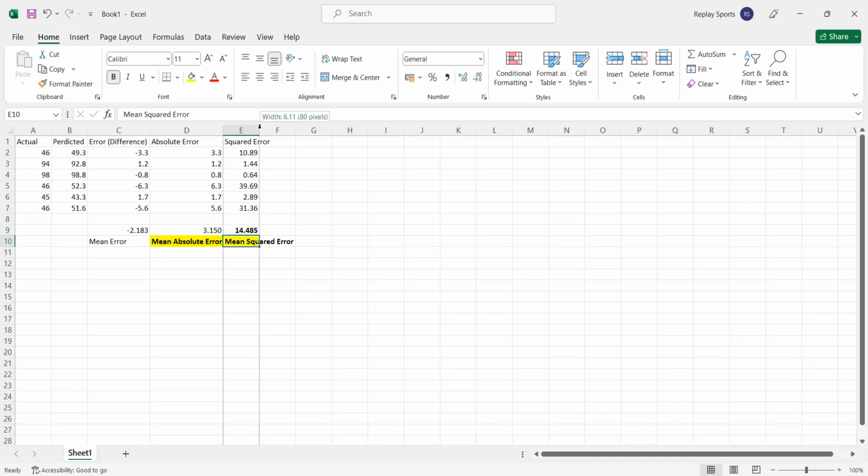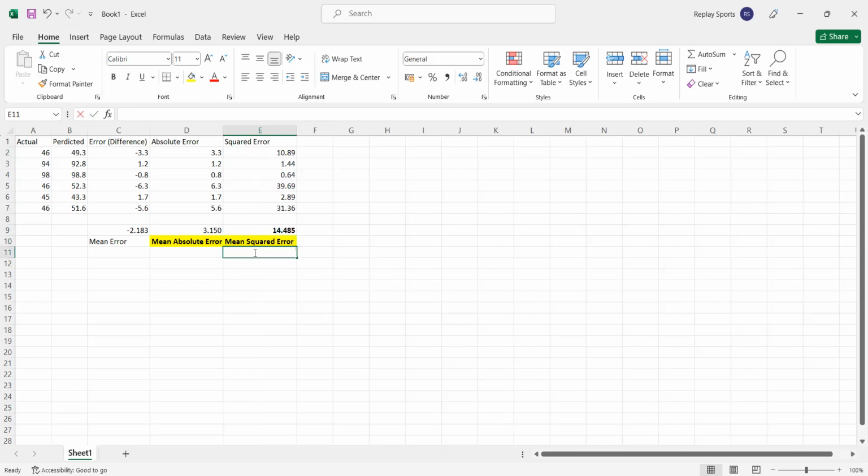Mean squared difference. Variance. Variance is mean squared difference, MSD. In statistics we call MSD variance. In our machine learning language, we call it mean squared error.